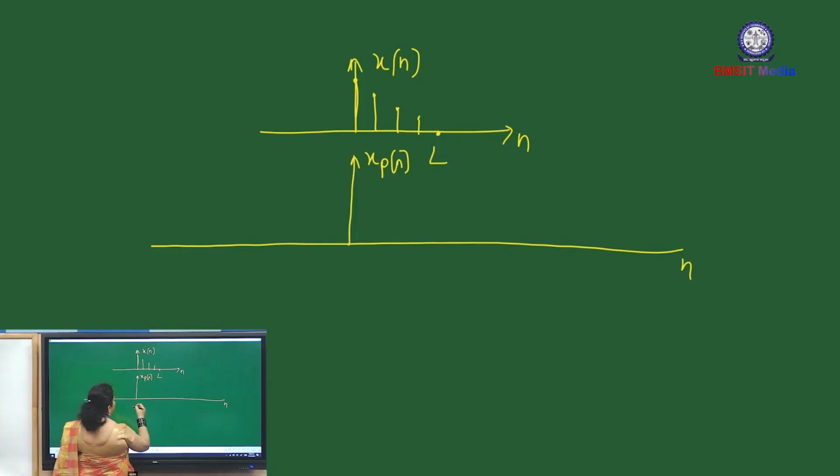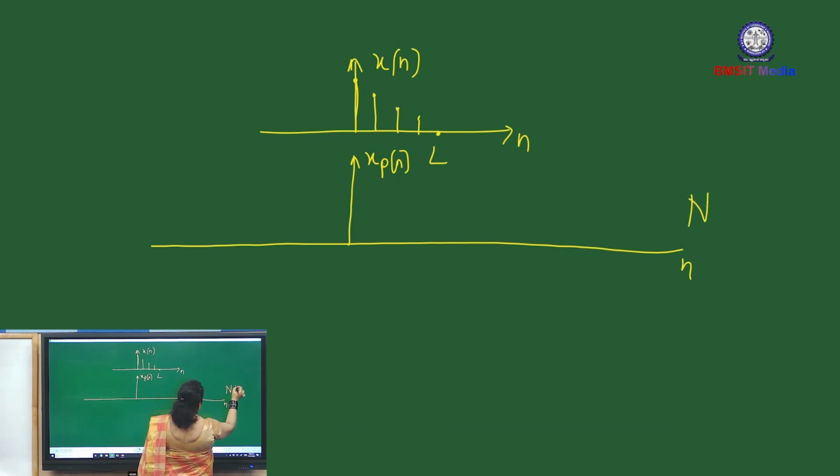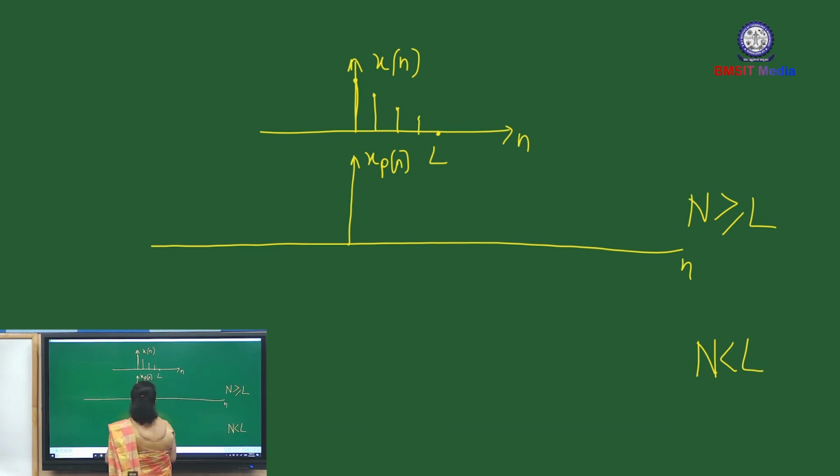So the first condition I am taking is when the fundamental period of xp of n is greater than or equal to L. Next I am going to take the fundamental period of xp of n less than L for periodic repetition. Now since n is greater than L, let us see. I am going to repeat the samples. This is the first sample, second sample, third, fourth.